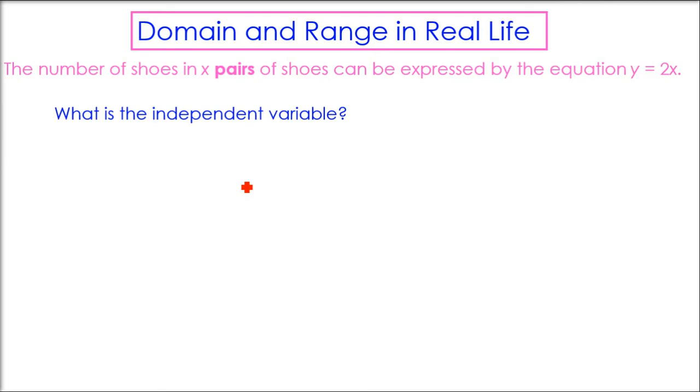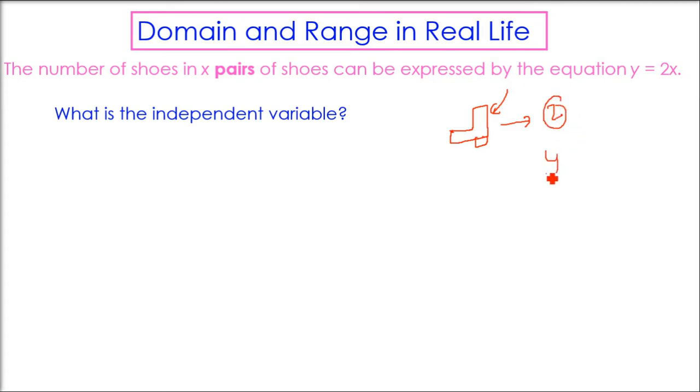Domain, range, function. What is the real life scenario? Why do we read it? Why do we understand these things in mathematics? Let us say, every one of us has shoes and socks. One pair of shoes, you have 2 socks.